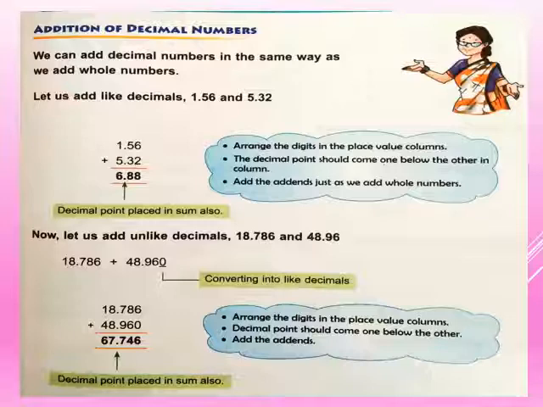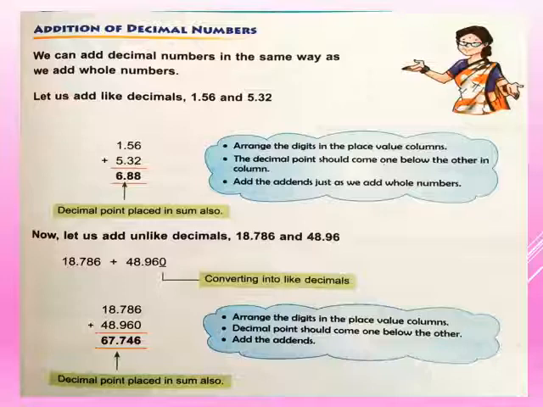Now arrange them vertically. Arrange the digits in the place value columns. The decimal point should come one below the other, and add the addends the same way we have done in the first question. 18.786 plus 48.960: 6 and 0, addition of 6 and 0 is 6. 8 plus 6 means 14, carry 1.